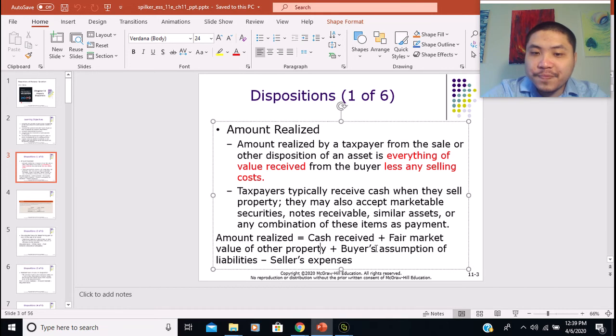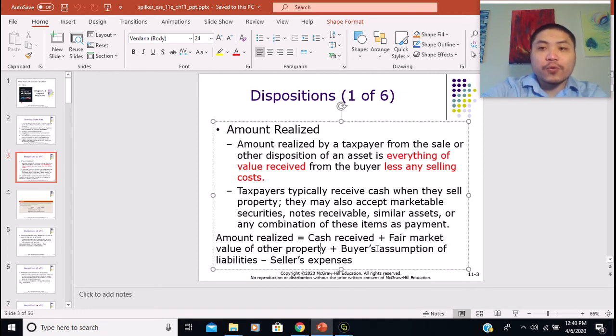So a lot of times the seller probably took out a loan to acquire the property, and when they sell the property, if they haven't paid off the loan yet, then the buyer is going to assume that debt, and the seller who took out the loan in the first place is going to be released from the liabilities for the debt, right?